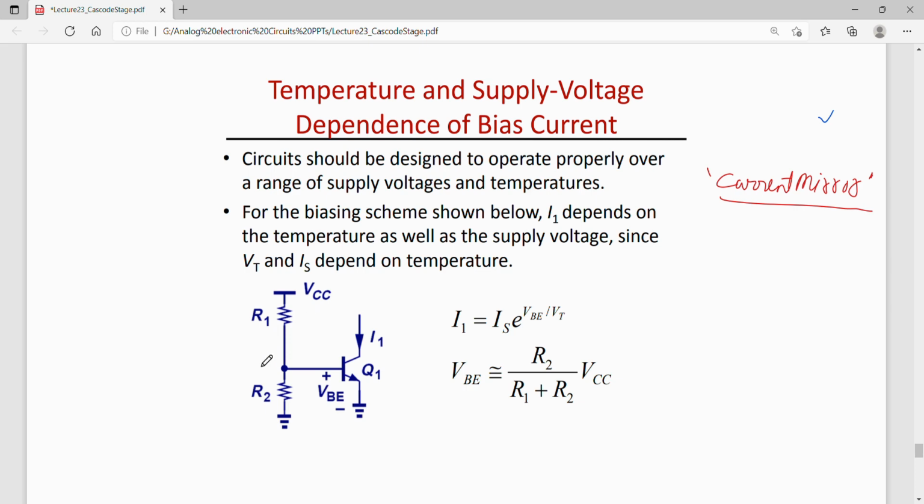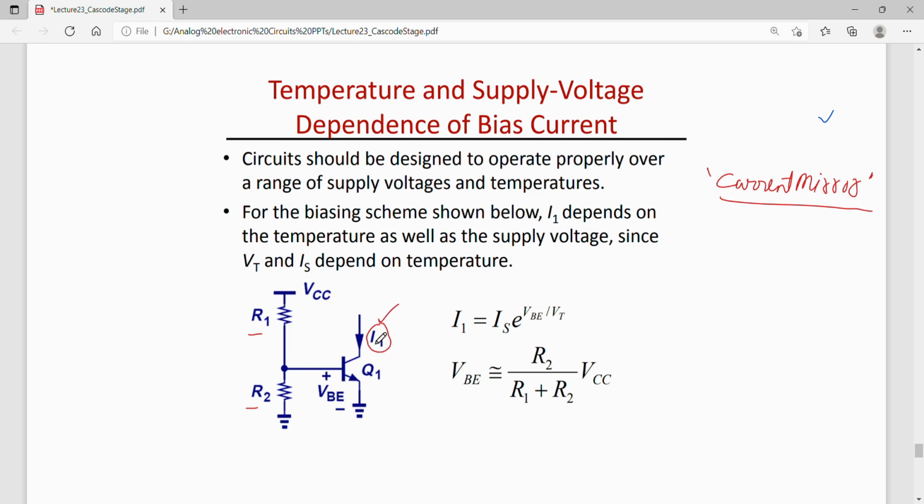So for example, I have this circuit, and to bias this circuit, that is to set the collector current I1 for this circuit, I am using these two resistances. Now from this circuit one can find out this current I1.